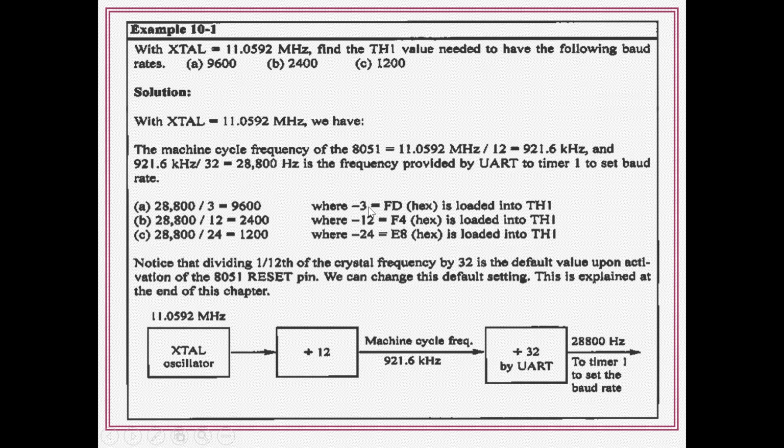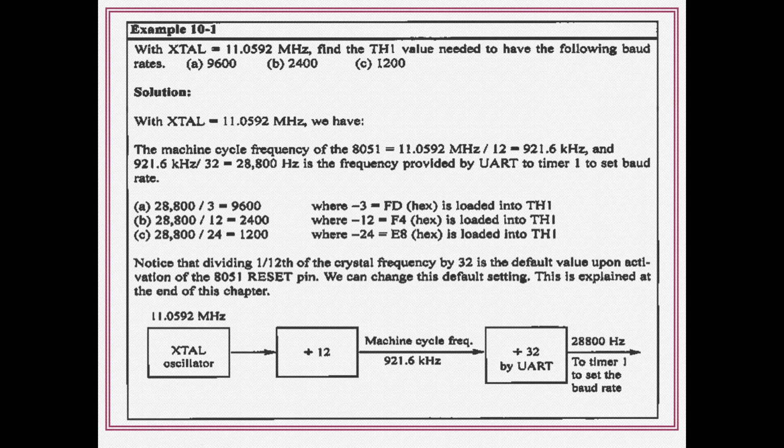So the count is 3 only. 9600 times 3 is 28,800. This is loaded into the TH value. The value loaded into TH1 is minus 3 for 9600, minus 12 for 2400, and minus 24 for 1200. It is the calculation to generate the baud rate, sorry, not frequency, baud rate.